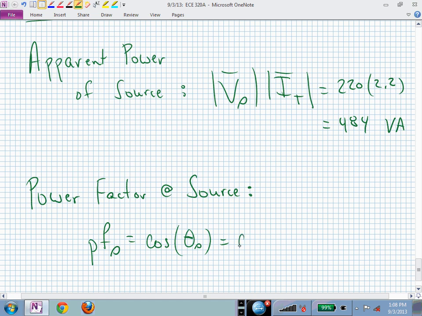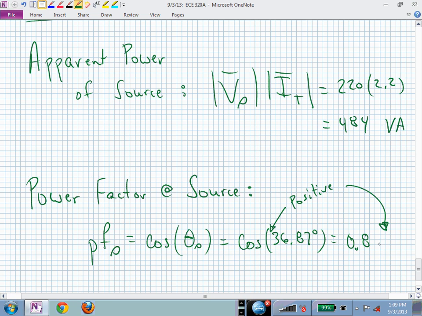Their difference, and this sign is not really showing up there explicitly, but that was a positive sign, which now tells us this is 0.8 what?